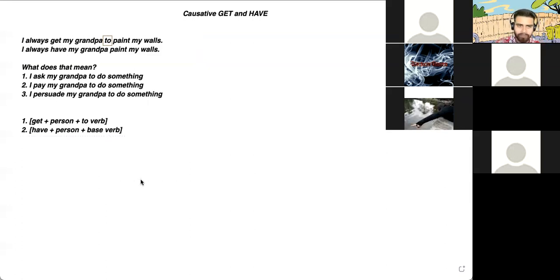So get person infinitive, have person base verb. That's the structure. Now you can change get and you can change have. You can say got, you can say had, or will get, am going to get, am going to have. It can be past, present, or future, but the infinitive and the base verb do not change.